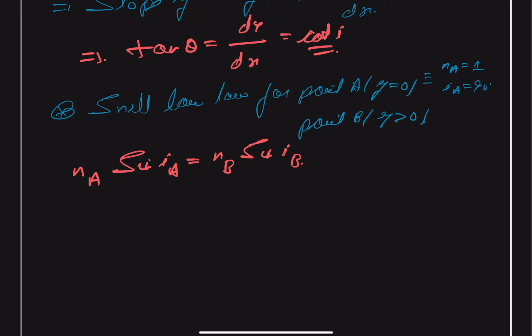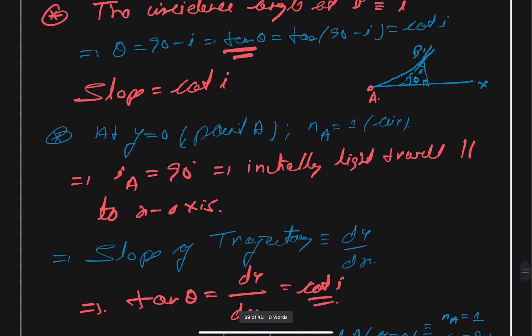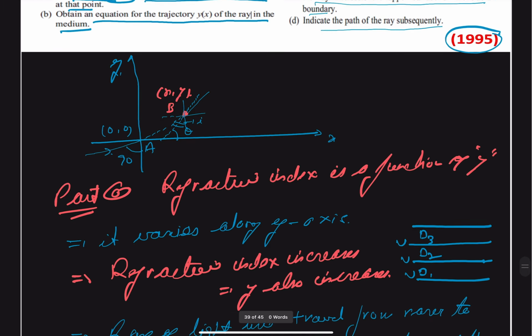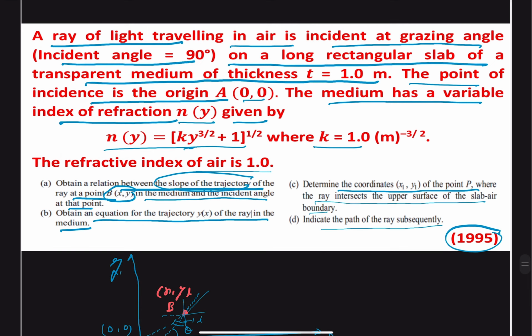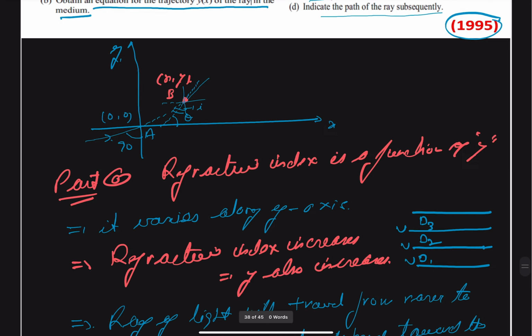And at point B, we already know the equation for the refractive index. So we can say at point B, that is our NB. The equation is given as, cos value of K is 1, so NB will be equal to the square root of y^(3/2) plus 1.